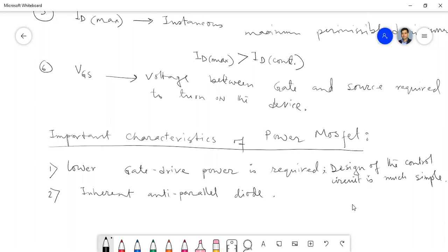That is a characteristic, or you can say an advantage, of the power MOSFET.